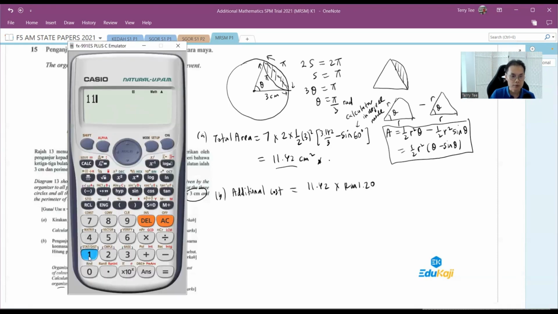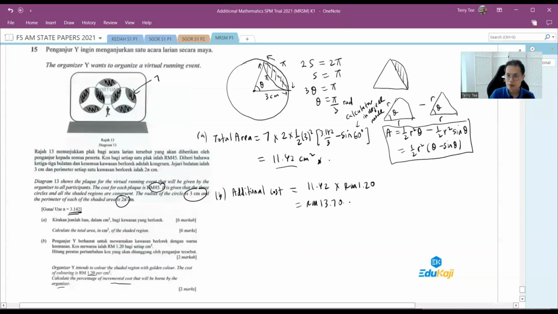Okay, so 11.42 times 1 ringgit 20 cents, this will be 13.70, right? RM 13.70. By the way, some people take 3.142 divided by 3 first, change to decimal, then sub in. Also can, but sometimes if you do that, your answer may be a little bit off from the actual answer. That's why I like to sub in 3.142 over 3 directly, and I like to use sine 60. Again, like I said earlier, you can use sine pi over 3.